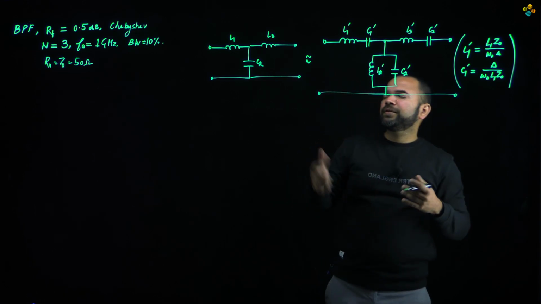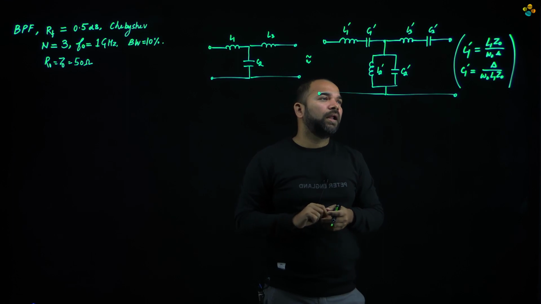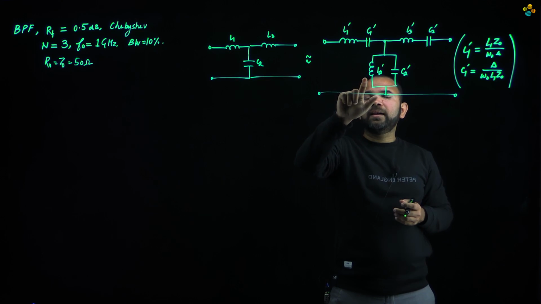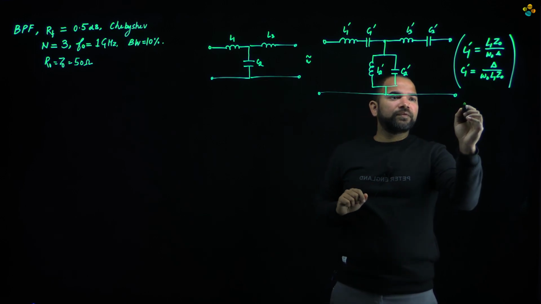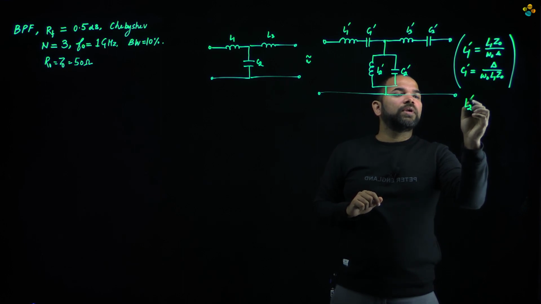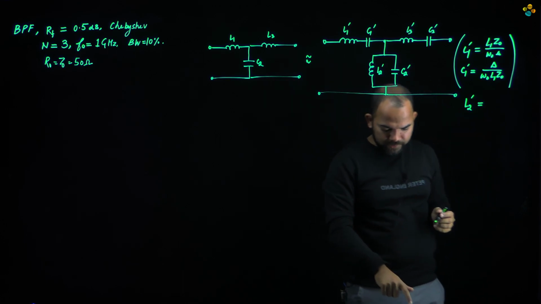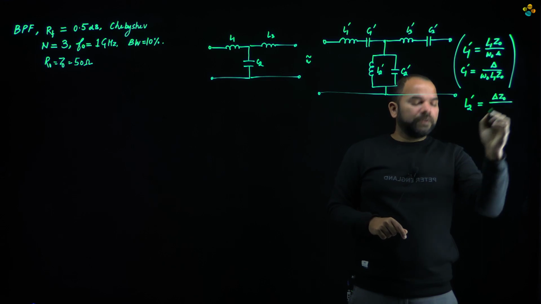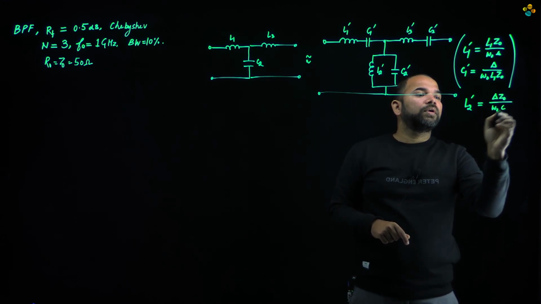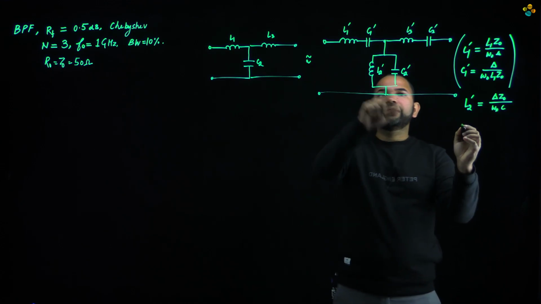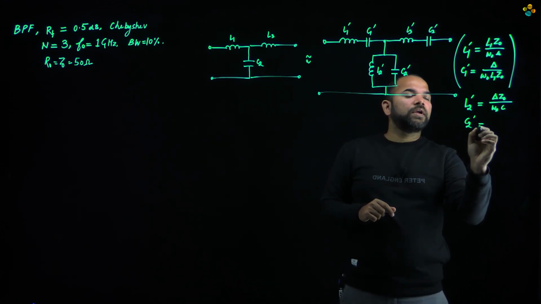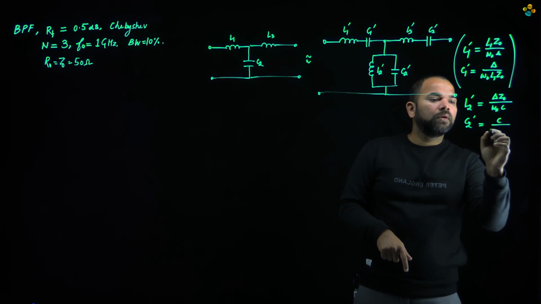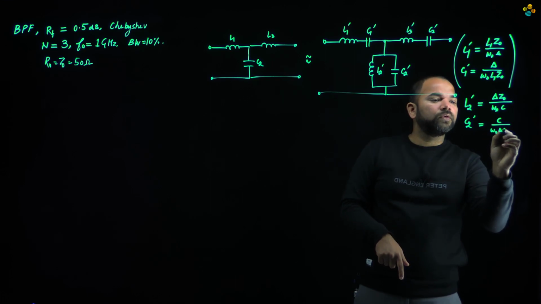What does this transformation lead to for the parallel element, the C2? This C2 can be replaced with the parallel combination of a capacitor and an inductor. We obtained this before: L2 dash is equivalent to Z0 divided by omega naught into C, and C2 dash is equivalent to C divided by omega naught delta into Z0.